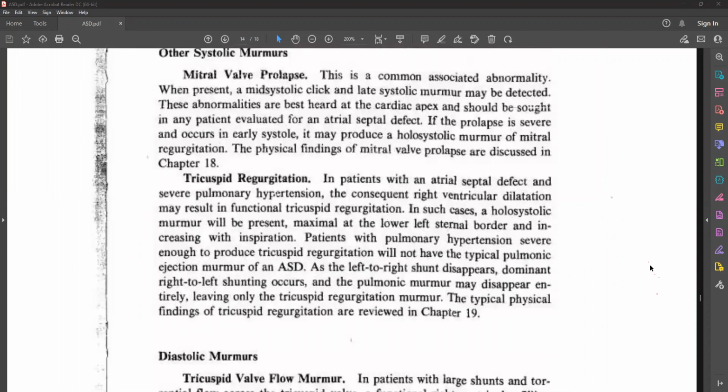Now, tricuspid regurgitation, already I told you that in a patient with atrial septal defect with pulmonary hypertension, there is a right ventricular dilatation, and a functional TR is present. So, seeking a tricuspid murmur is a good effort to be put in these patients. They may not have a typical pulmonary ejection murmur.